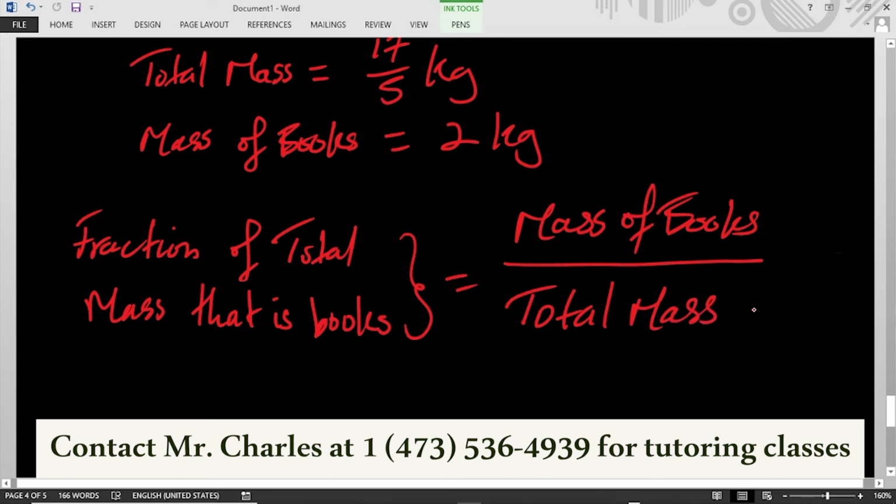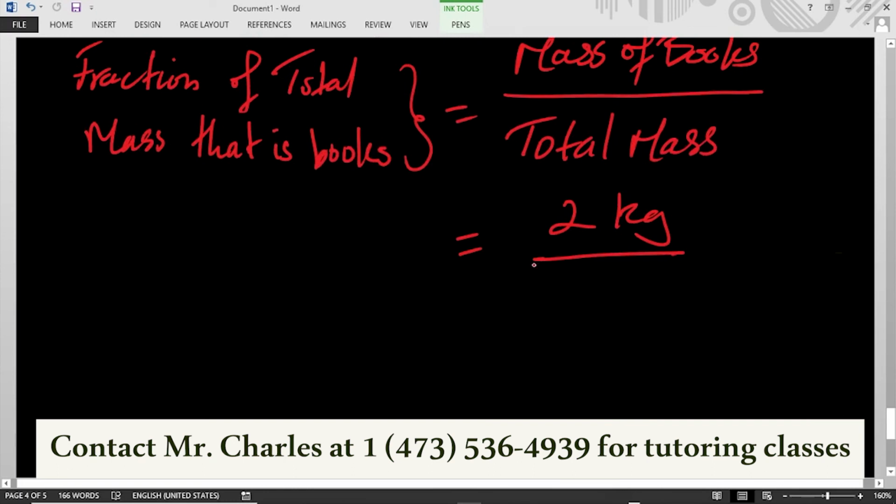Right? So the mass of the books is 2 kilograms. So that's 2 kilograms over the total mass, which is 17 over 5 kilograms.